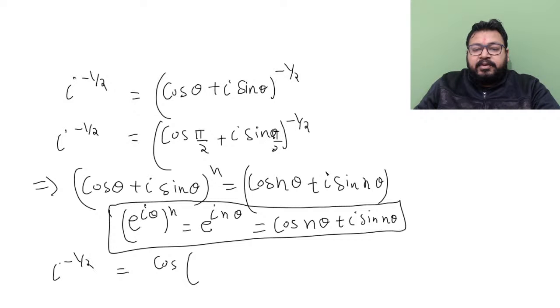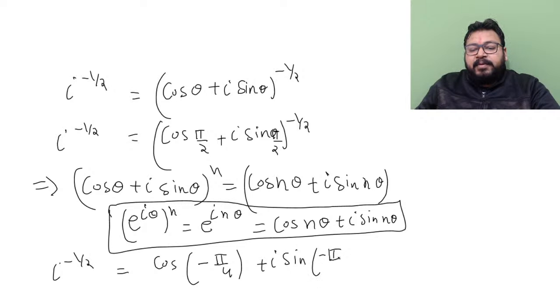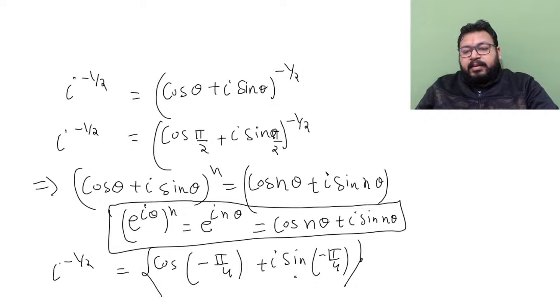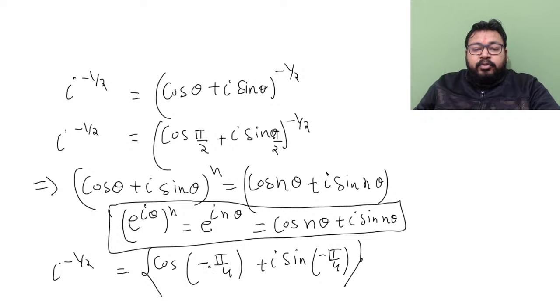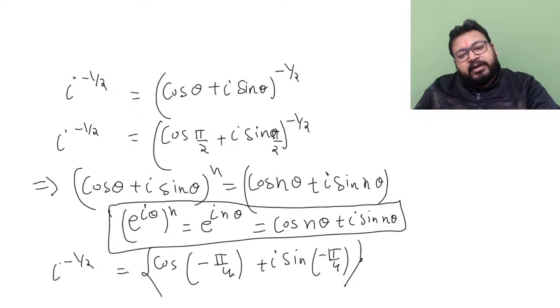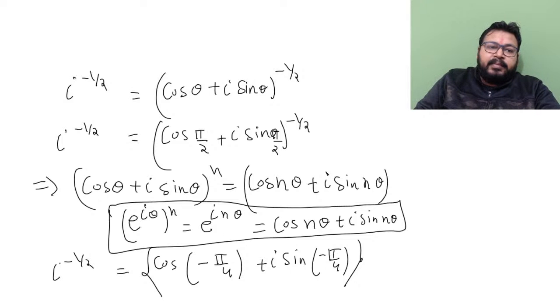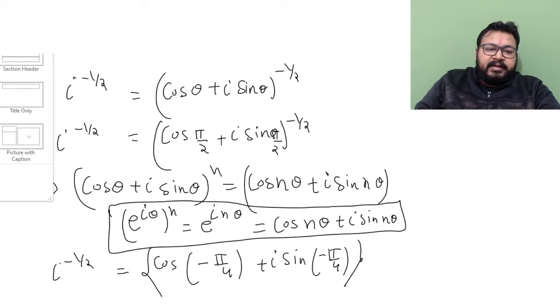Theta here is pi by 2, and when you multiply with 1 by 2 with a minus sign, you get cos of minus pi by 4 plus iota sine of minus pi by 4. Okay, so this is the value you will get. Now cos of minus theta is cos theta, while sine of minus theta is minus sine theta. So let me write this.